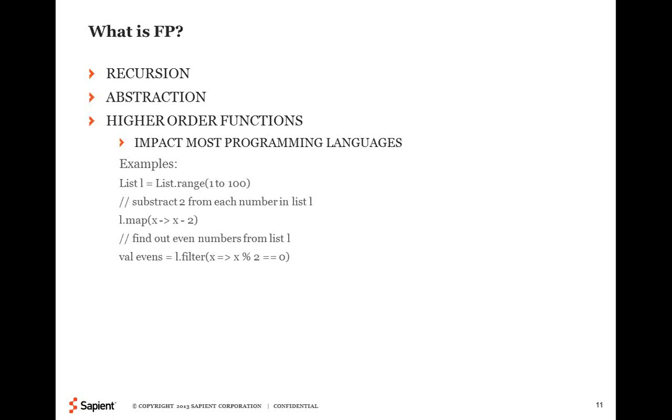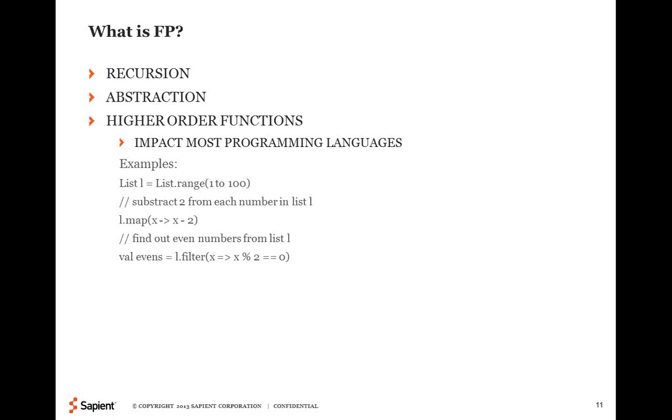You can say there could be complex scenarios in projects, but the point over here is the strange thing, especially for the Java programmers, is look at the syntax of this L dot map, right? I'm actually passing in a function x minus 2, or you can say this is an anonymous function.